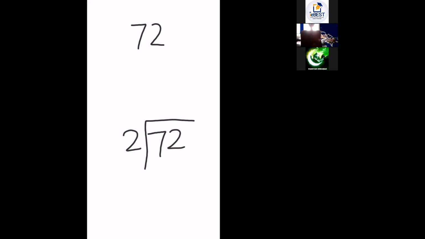But if I ask you to solve it, 70's half is 35. Okay. And then we add 1 to both 35s, and then it becomes 36 both. So if I split this into 36, the answer is fine.